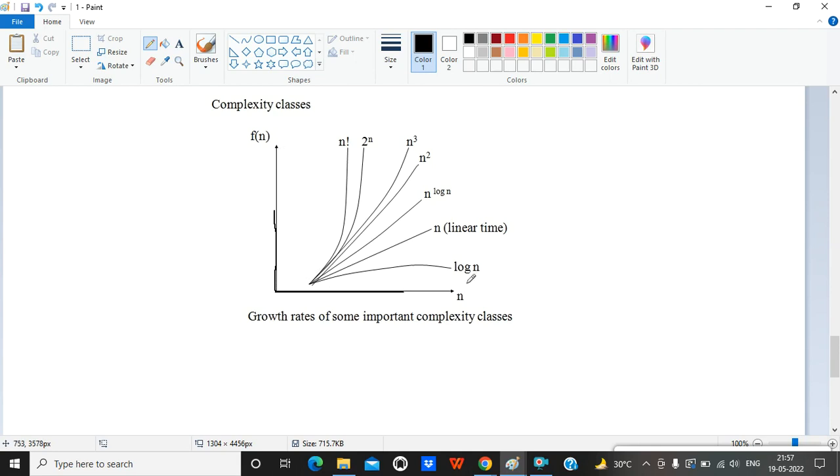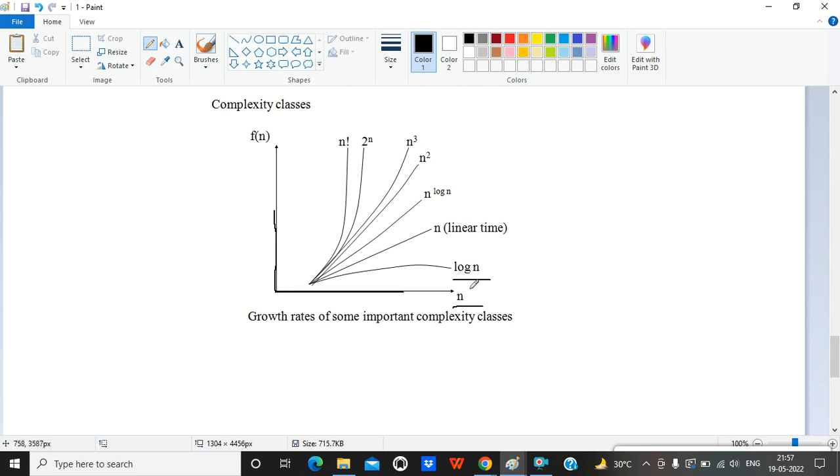So we can plot the time taken by an algorithm for the value of n. Suppose n is 100, then what will be the time of the algorithm? In that way you can plot the different values of big O. So these are the available values.